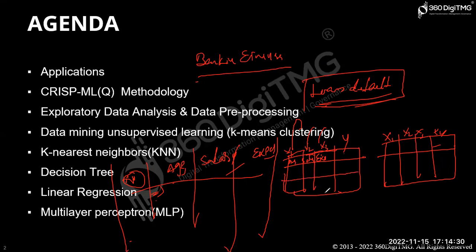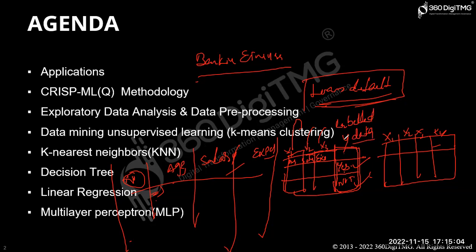Let's say you have historical data, and based on these features we are able to predict whether that person is going to default or not. If they are going to default, we'll call it yes. If not, no. So here, clearly we have an output. This will be called labeled data.